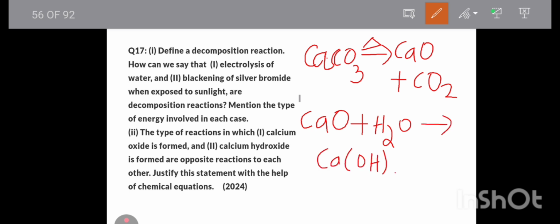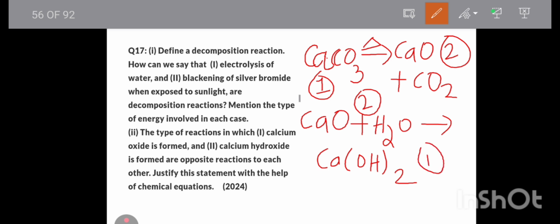So in both the reactions, if you see, in the first reaction a single reactant we have taken and two products we got. A single reactant breaks down into two products, so it is a decomposition reaction. Now the second equation, you just see, two reactants you have taken and one single product is formed.